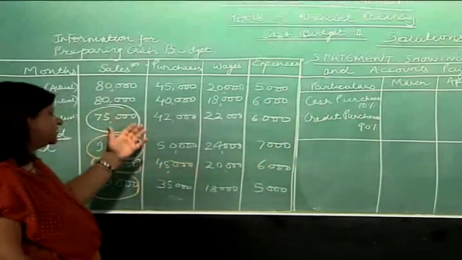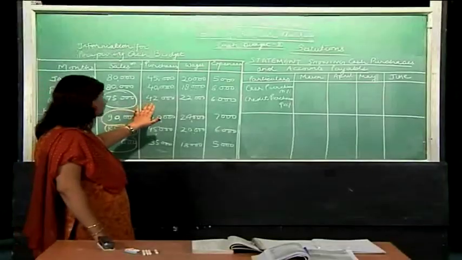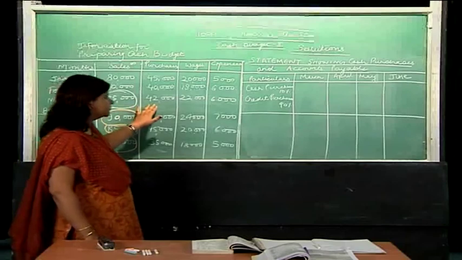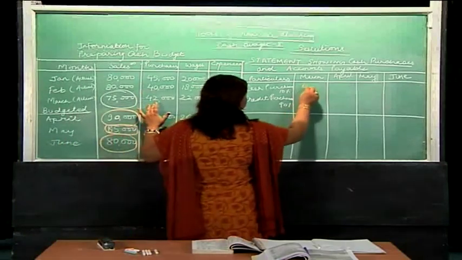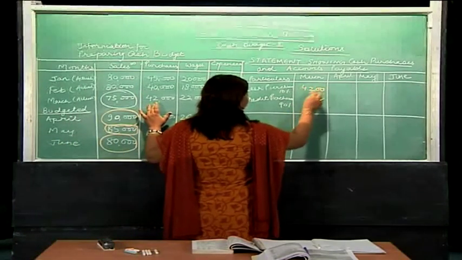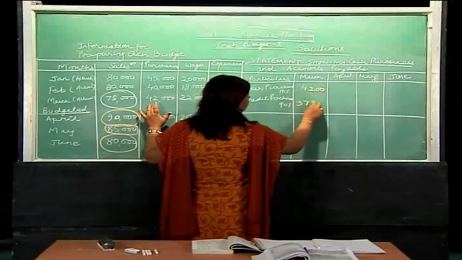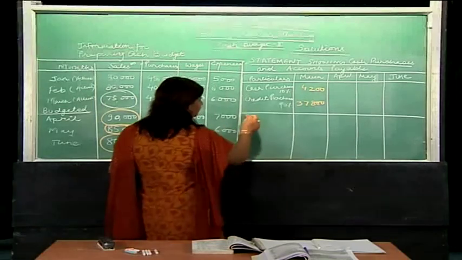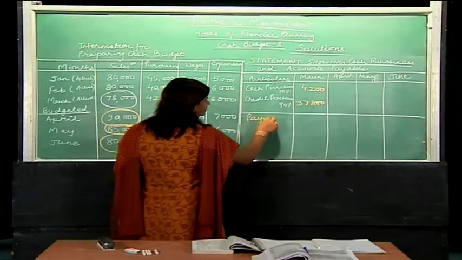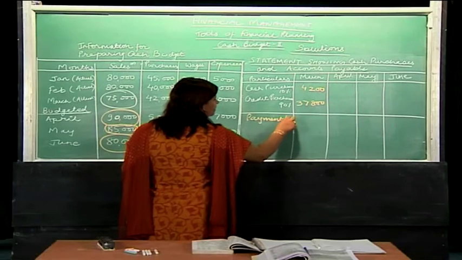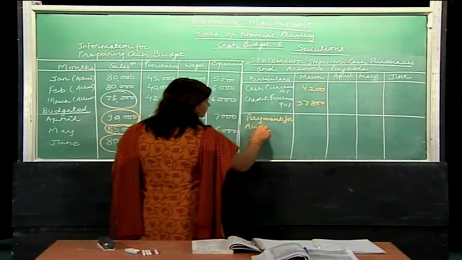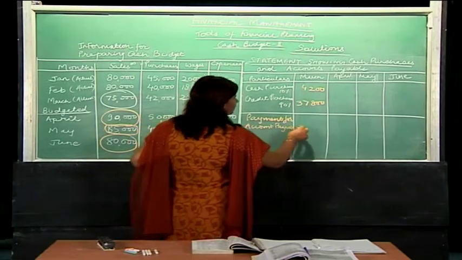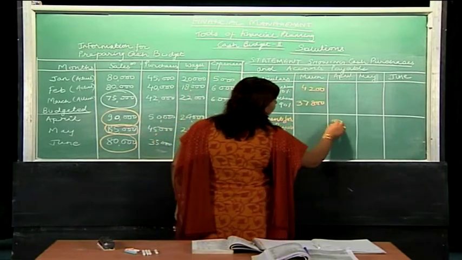So we are using these figures as total purchases of 42,000 is given for the month of March. So the 10% of it will be the cash purchases and the remaining one, that is 37,800, shall be the credit purchases. So payment for accounts payable will be in the month of April.